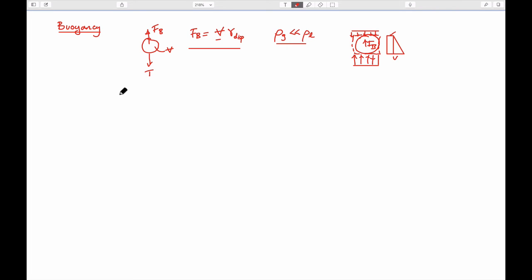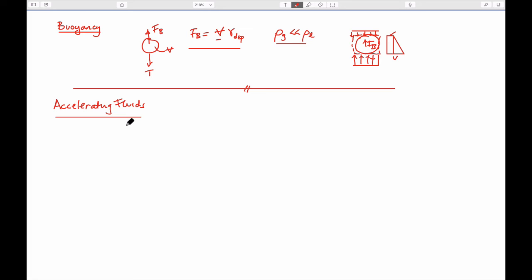If we look finally at accelerating fluids, an accelerating static fluid, we can look at the behavior in terms of the expressions we have for changes of pressure in the z direction, which are equal to density times gravity plus any acceleration in this z direction.